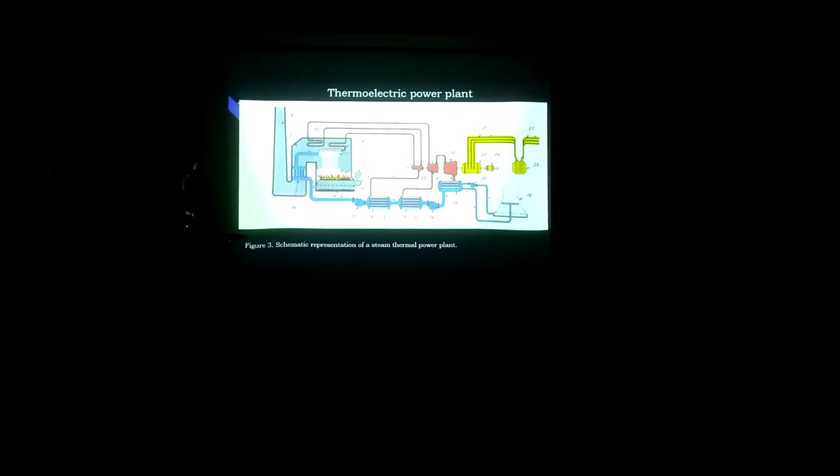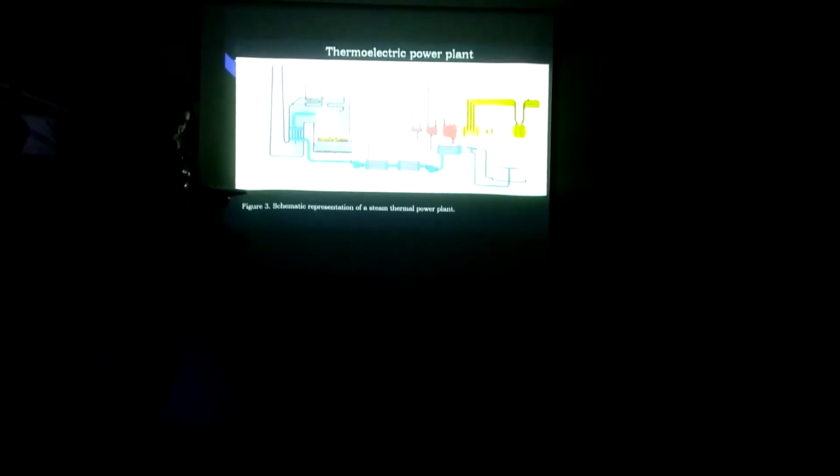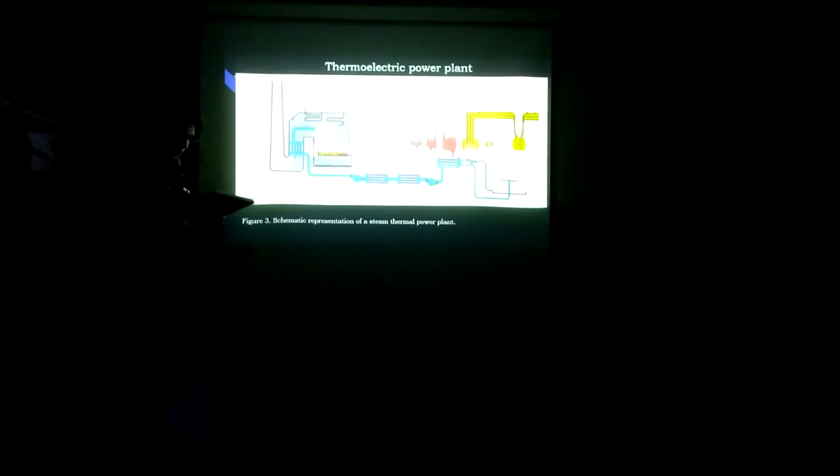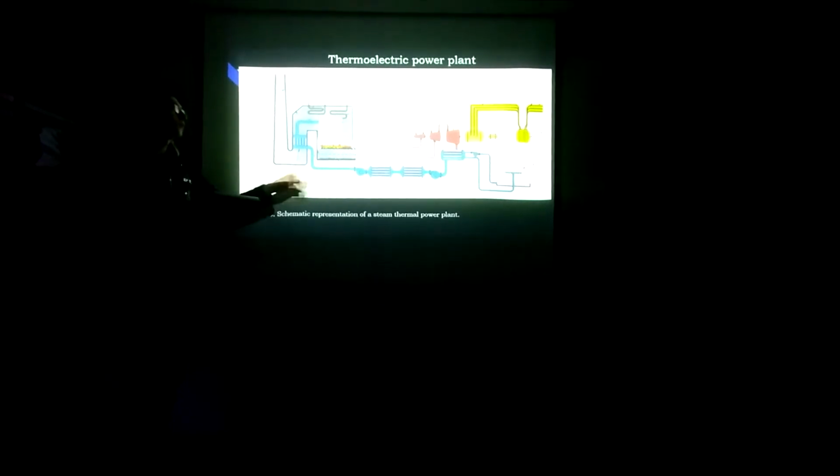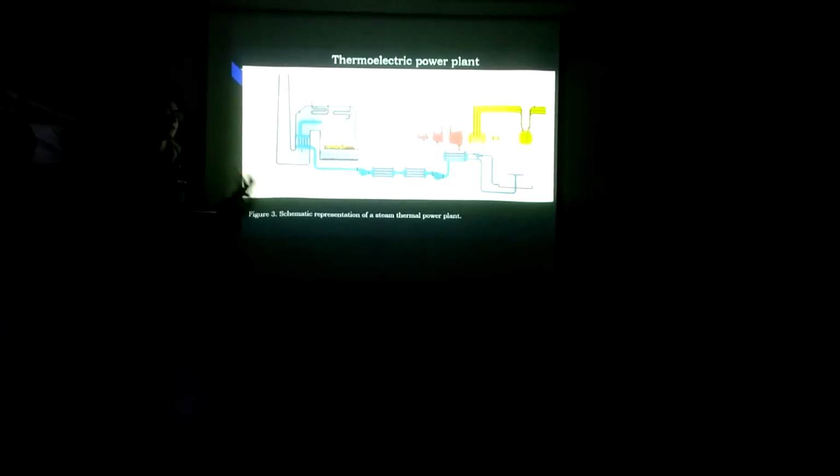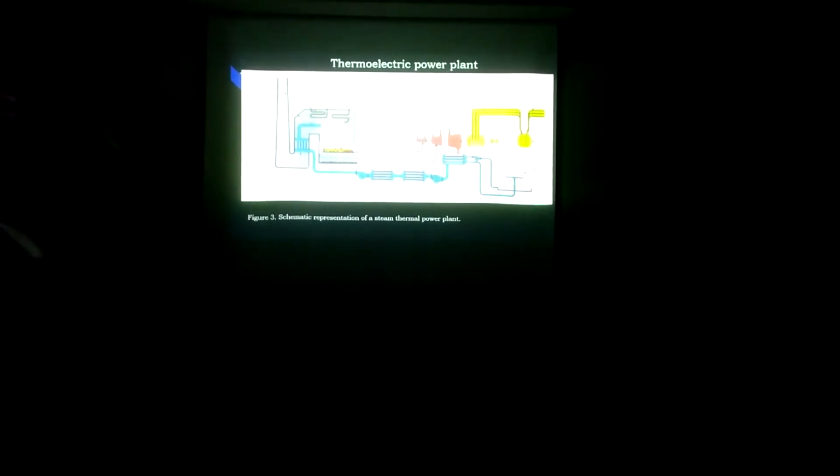So, after the condensation, the water is returned to the water tank and the process starts again. And this is the cooling tower.